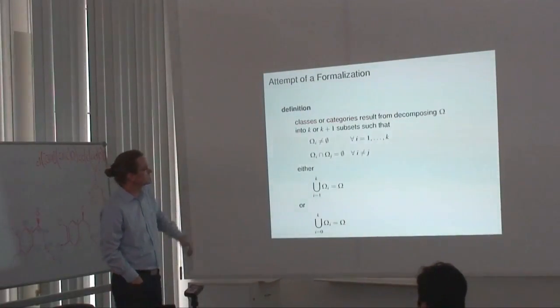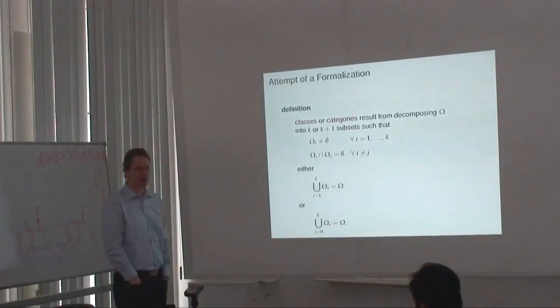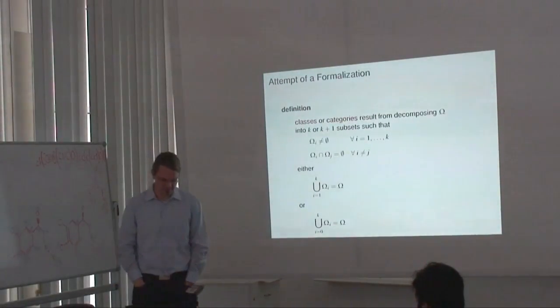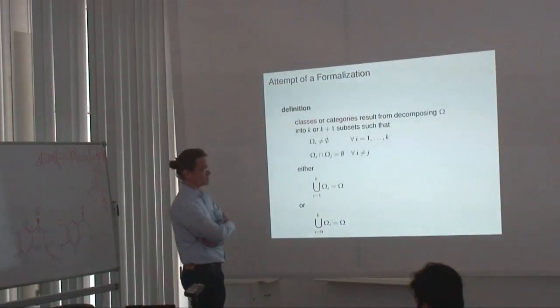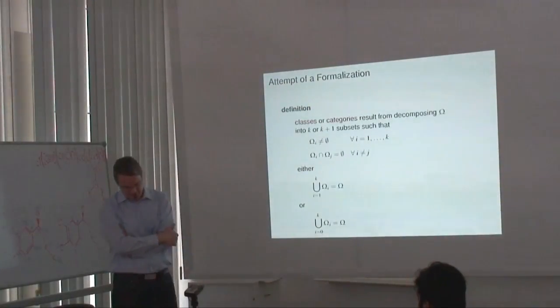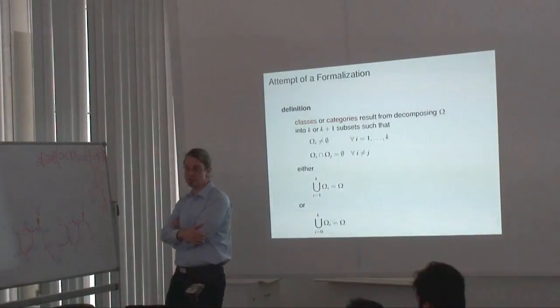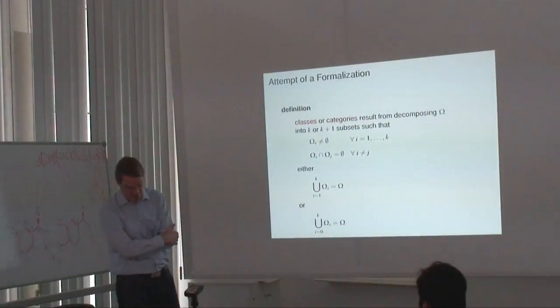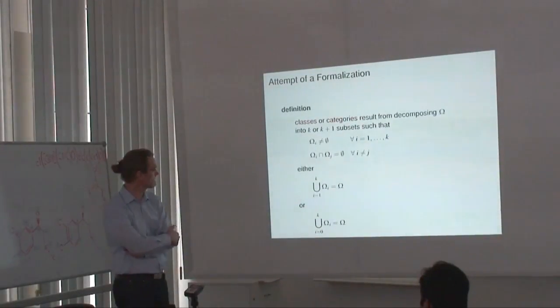This is the first thing I would say that is really useful to us for the things that are to come. So the first thing that is concrete enough for us to work with. Here I define that classes or categories result from decomposing omega, the problem domain we are dealing with, into k or k plus 1 subsets.